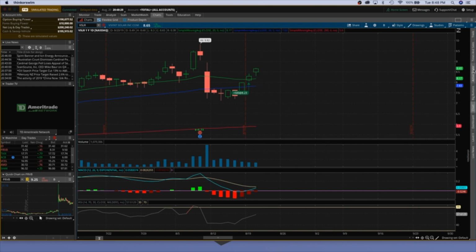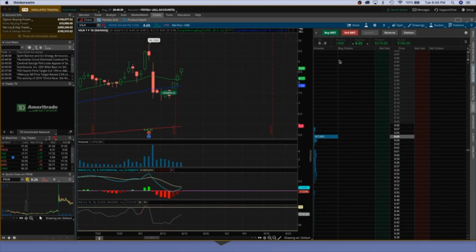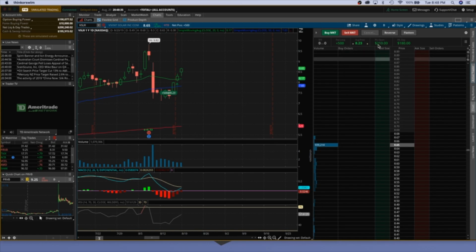So if we go to active trader, we will see how much we profited on the day and how much we profited since the open. Since the open, we profited $210, and since today is Tuesday, obviously the day's profit is going to be less than the total amount we profited since the open. It's going to be $180.